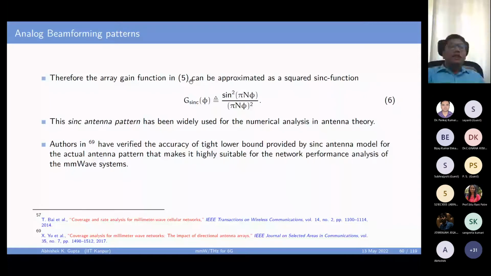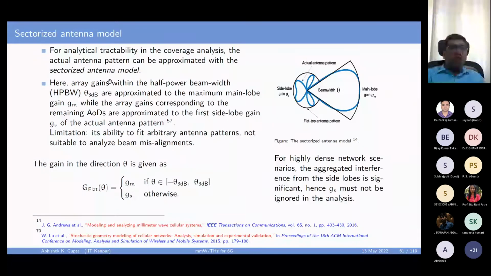Then there is a simplified antenna model which can be used for analysis, known as the sectorized antenna model. What we do here is, the blue is the actual beam pattern, but we model that beam pattern using a sectored approximation. So we assume that in this particular angle theta, the gain is maximum, and in the rest of the directions, the gain is smaller.